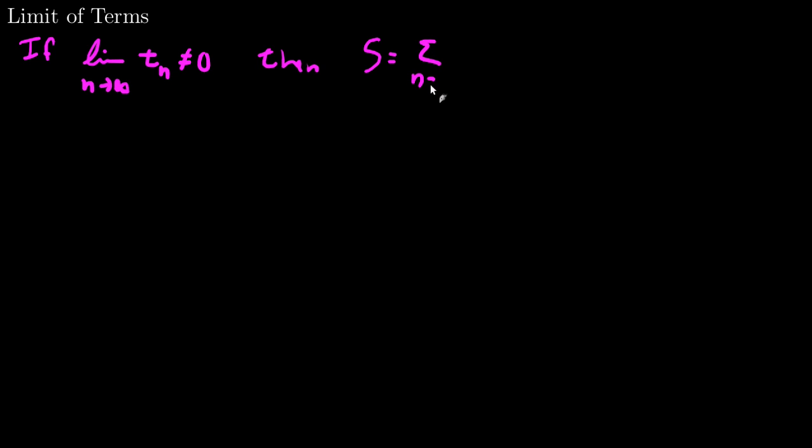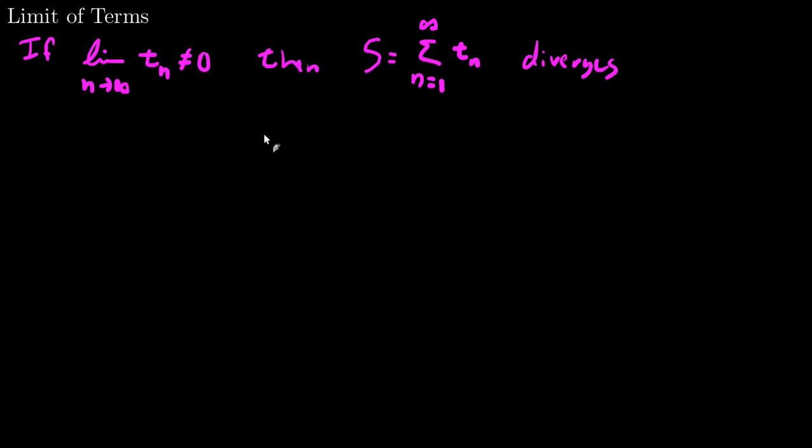Limit of terms. In order for a series to converge, the terms need to approach 0. So if the limit as n approaches infinity of the terms of the sequence being added up is not 0, then the series, the sum from some number (I'm going to start at 1, but it could be any other positive number, or 0), diverges.